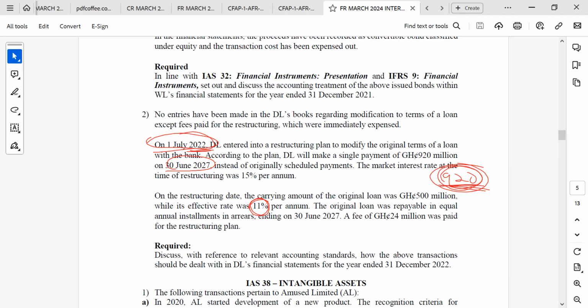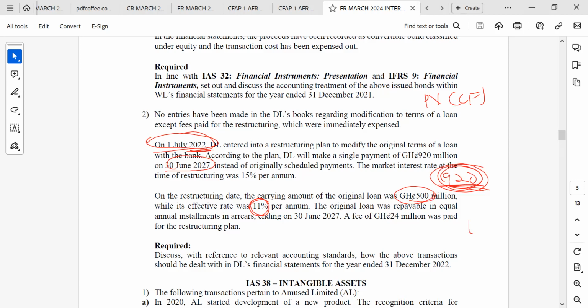So the standard says to look at the present value of the cash flow under the modified term, and compare it with the carrying value under the original term. Look at the difference.